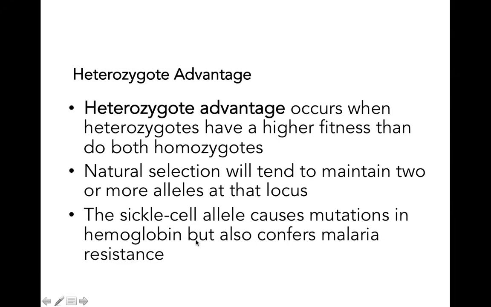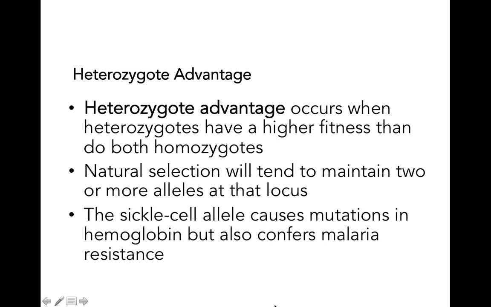So with sickle cell trait, the sickle cell allele, we know heterozygotes have the advantage of not having sickle cell disease, or the most severe form of the sickle cell disease, but they do have some resistance to malaria. So if you're homozygous for the wild type hemoglobin, you're more likely to get malaria.